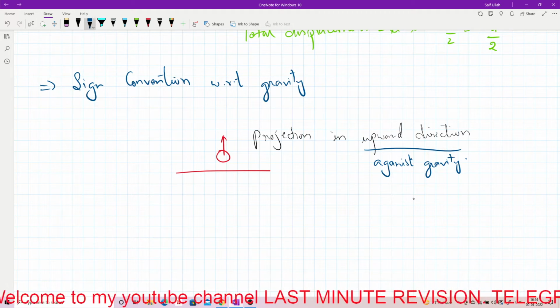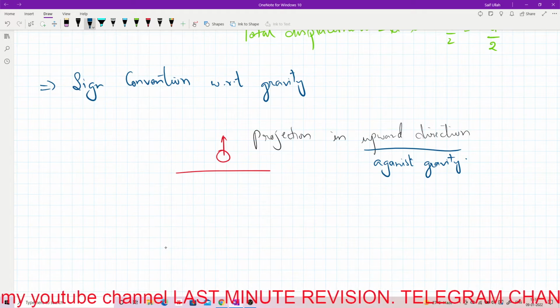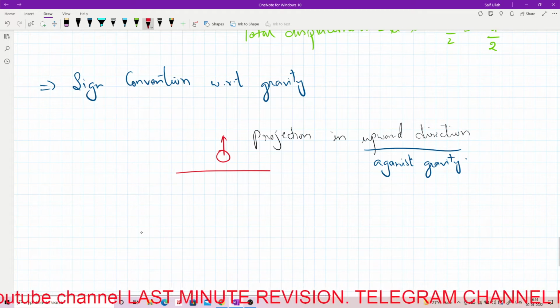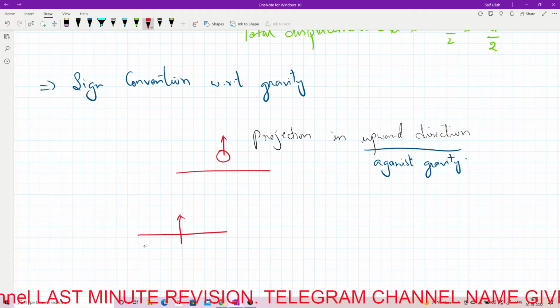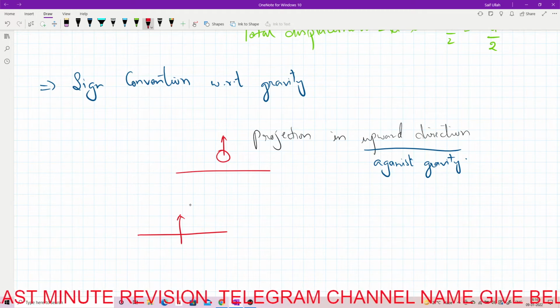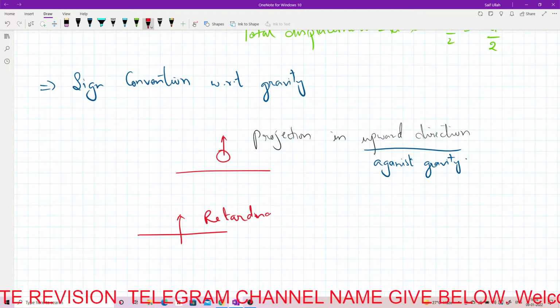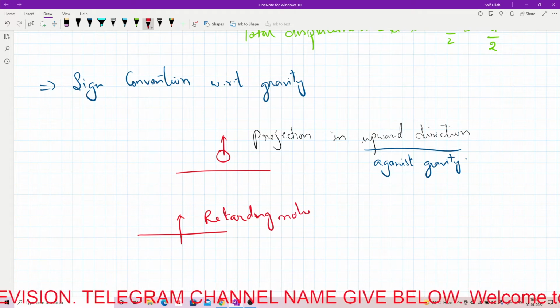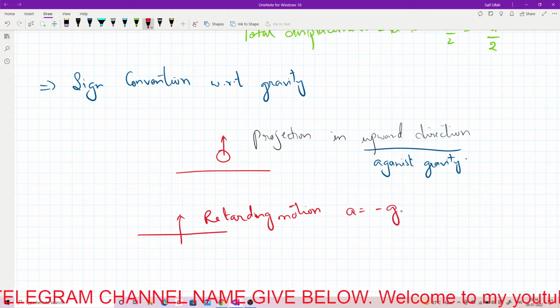Okay, now how to write this one? You can write this as the sign convention. It is going against gravity, which means there is a retardation motion. It is called retarding motion, meaning the acceleration will be minus g.